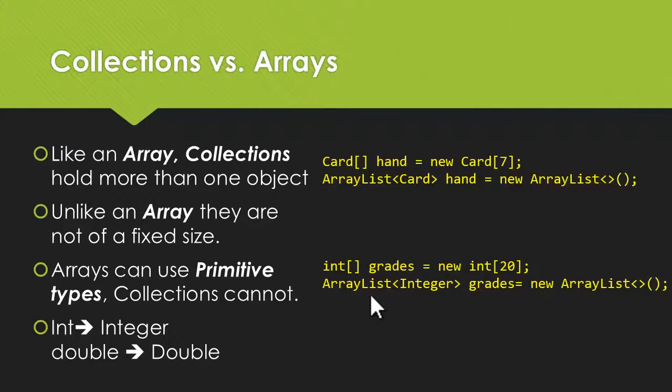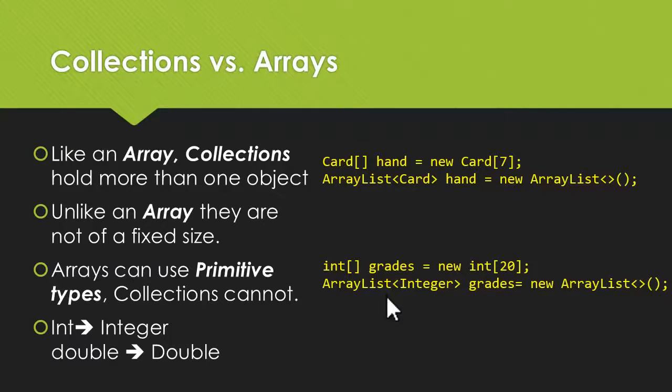For example, when we make an array of grades, we might just say int array grades equals new int of size 20, making 20 contiguous blocks of integers. The second example down here says ArrayList Integer. It doesn't say int, because again, when you declare a collection, which an array list is, you always must use an object. So Integer is the object representation of int.